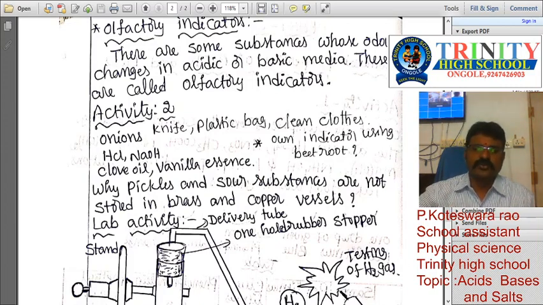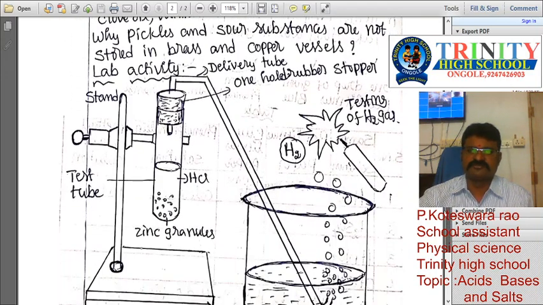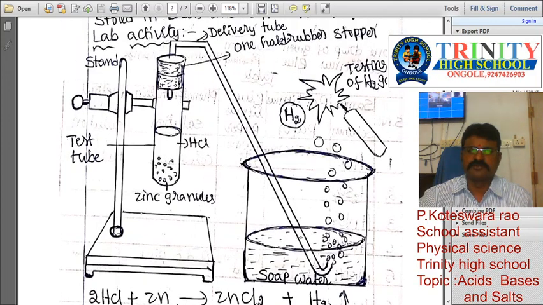So here we want to take it in one simple way, to demonstrate this. First of all, what is our aim?